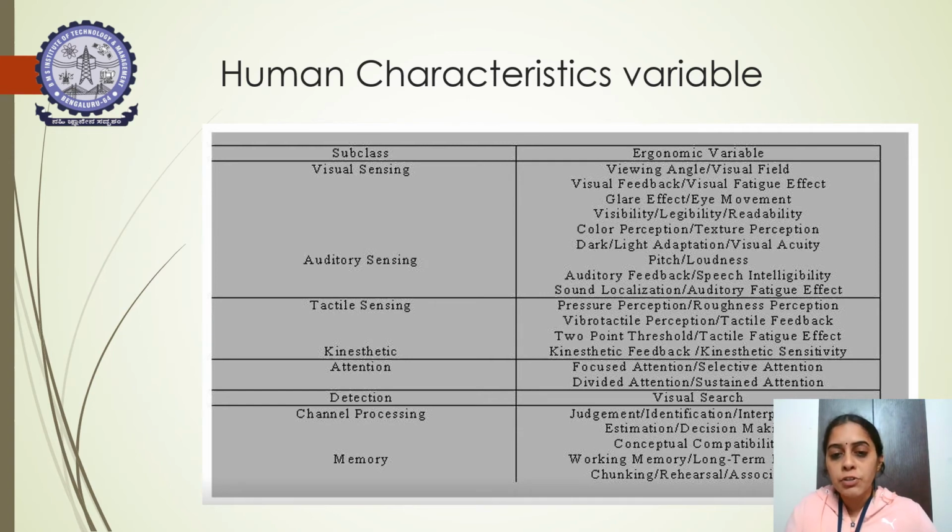Even in visual sensing, different types of perceptions and visual loudness are needed, which will be identified by human beings only. Along with that, the audio sensing will also be checked: the loudness, the fatigue effect, the sound clarity, the localization, all will be checked by human beings only.